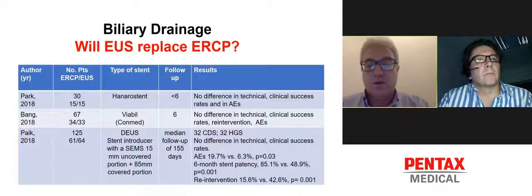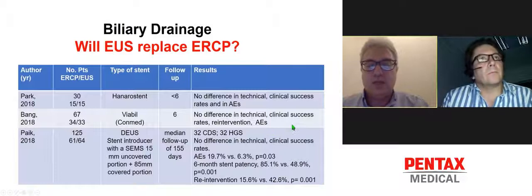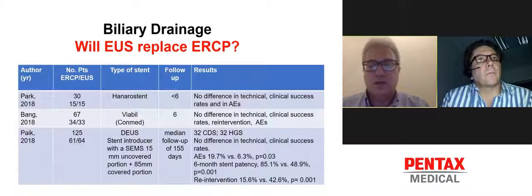They performed 32 drainages from the bile duct, so choledochoduodenostomy, and 32 hepaticogastrostomy, and they found no difference in terms of technical and clinical success, but there was a significant difference in rate of complications, 19.7 versus 6.3. The 6-month stent patency was better, 85.1 versus 89 for the EUS drainage, and the need for intervention was significantly better for the EUS approach.